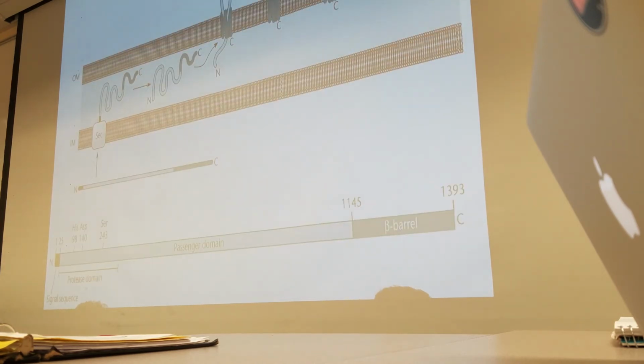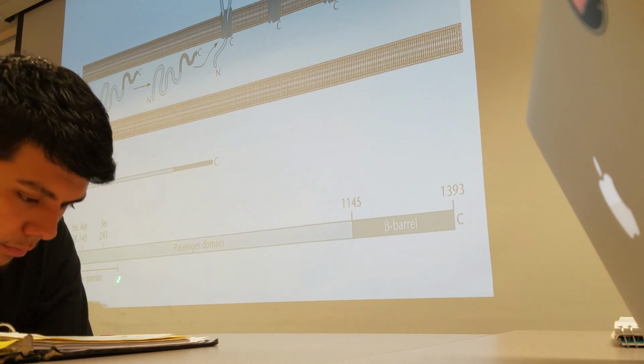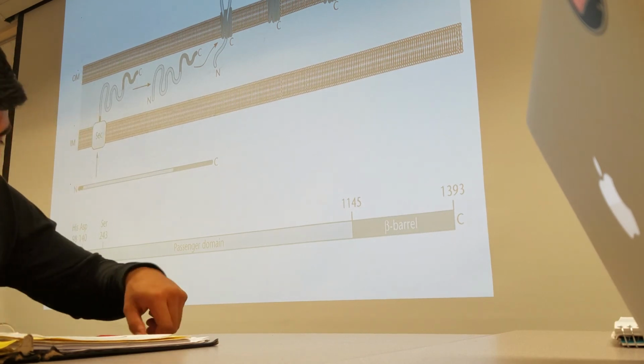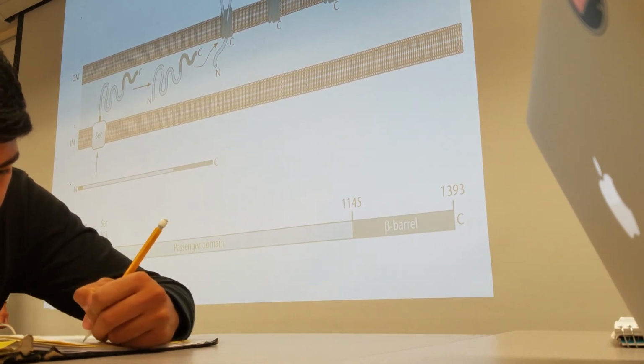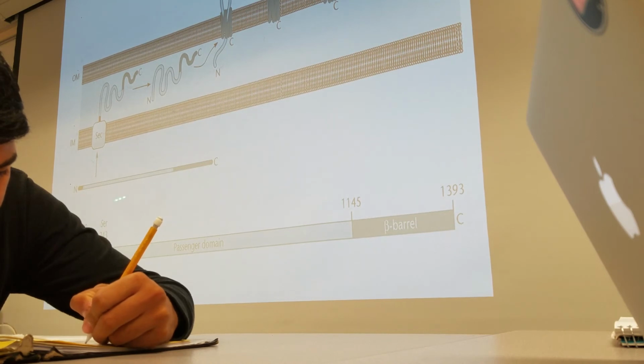So here is an example of type 5 now, okay? This is what it looks like. You have your N-terminus, there's this protease domain that gets cleaved off, it activates, it cleaves itself, and then the carboxyl end over here. So here's your protein.